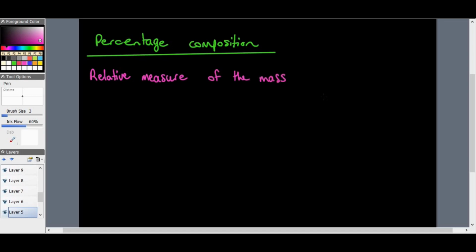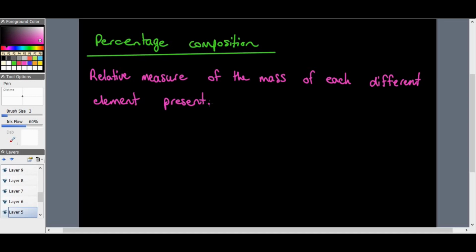So I'm just going to stop the definition here, which is present in the compound. All right, cool.